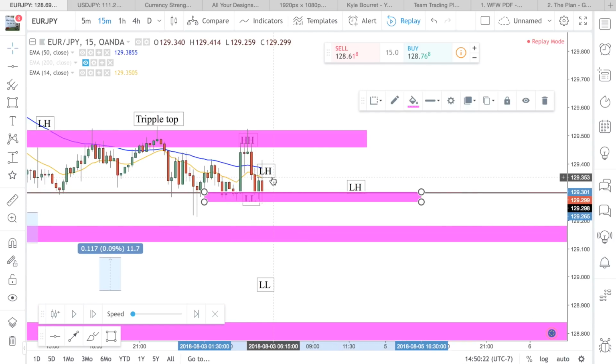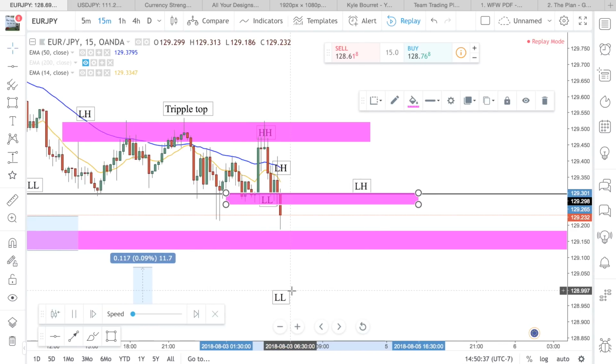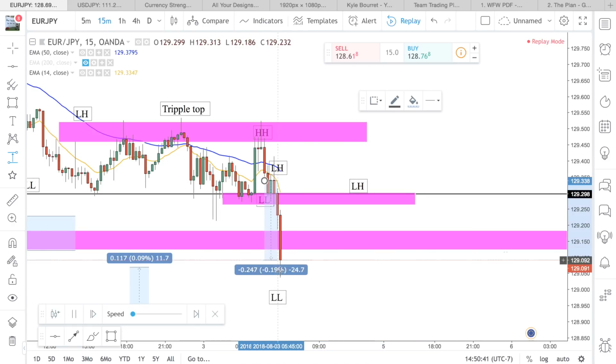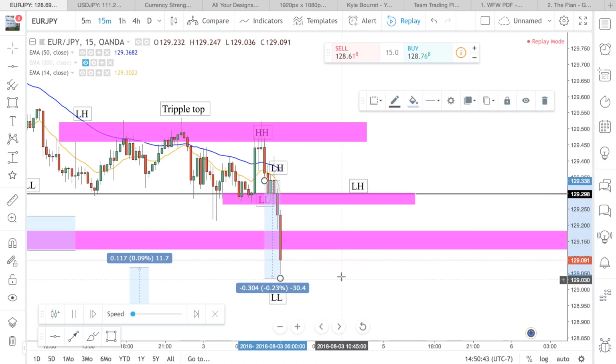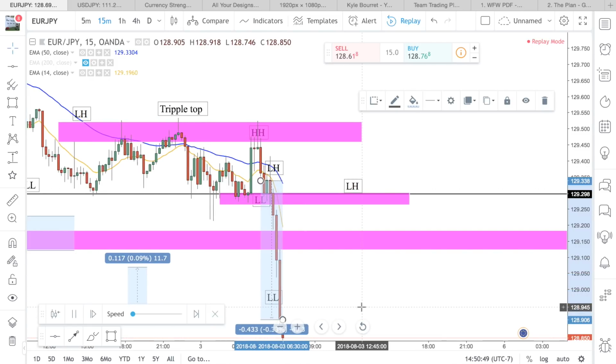We have a 2-1 confirm, 15-minute time frame. Currency meter is telling us we're going. So what do you do? You take the trade. A 30 pip 2-1 confirm off of this being a 4-hour time frame confirm. 43.